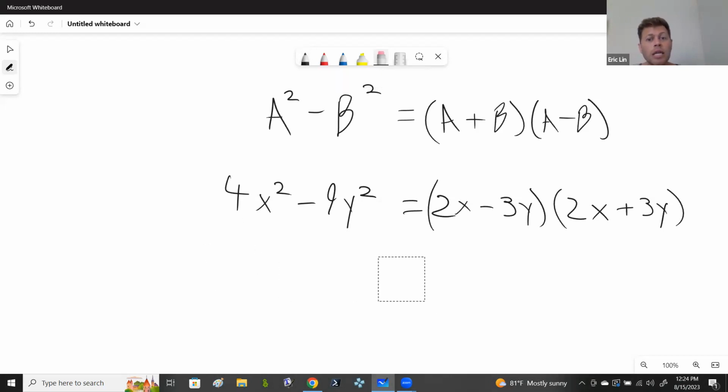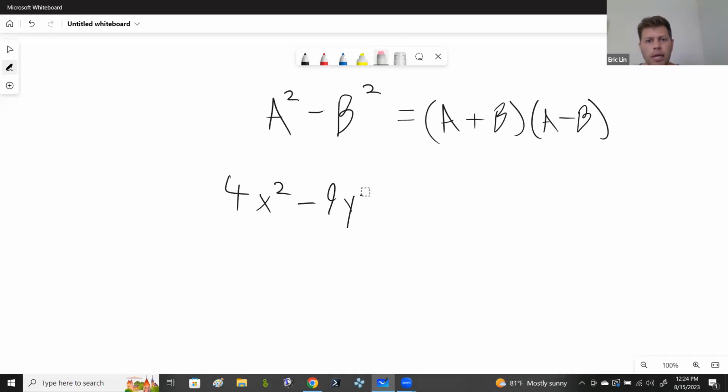In addition, let's recall one of our golden rules of factoring. And that is that we should always identify common factors and factor them out first before we apply any of these other factoring rules.